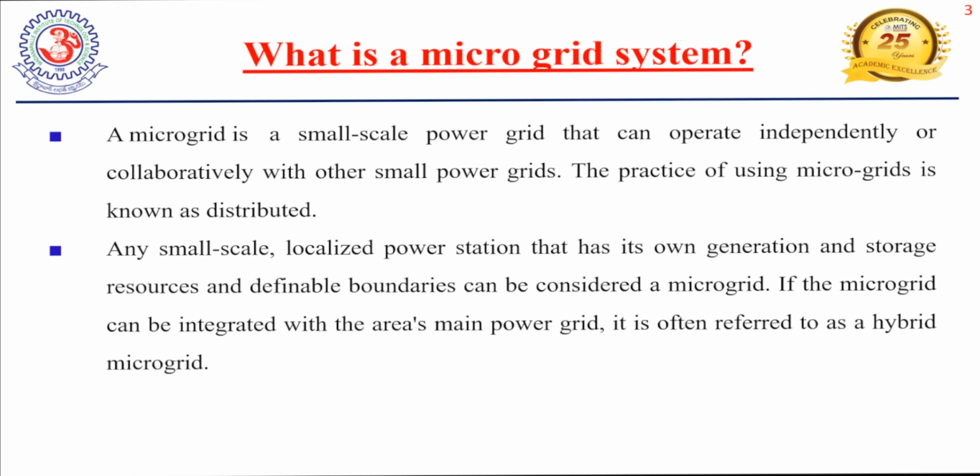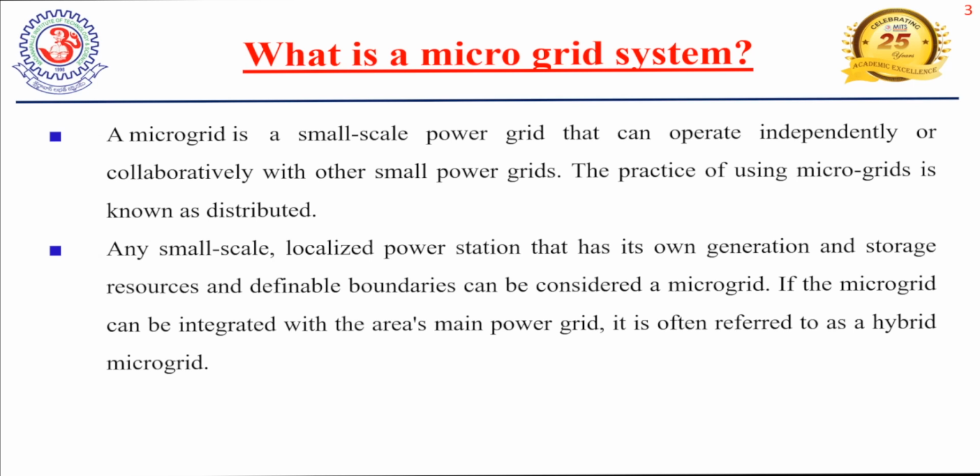In the conventional power system, there is a separate power generation system. After that we transmit power from generation to the load center. So it is a very complex system. First we have to generate where the sources are available. After that we have to transmit the power. Next we have to distribute the power to the different loads and consumers.